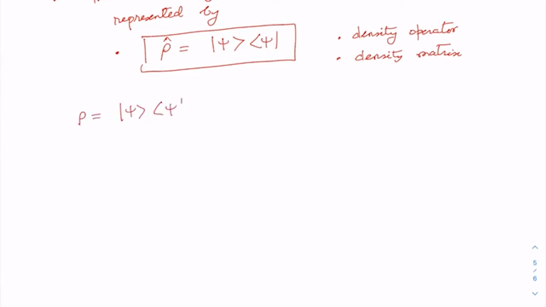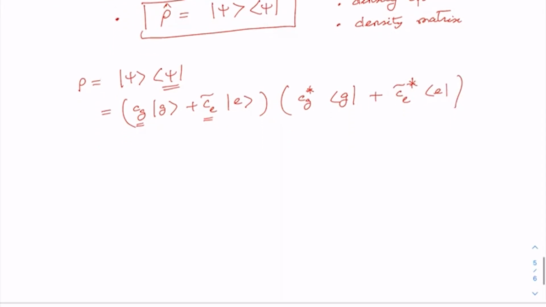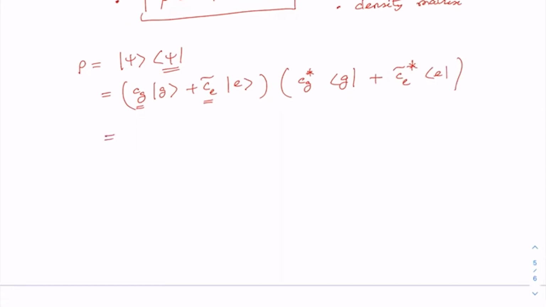Now if I expand it in terms of these states, as we have written it as a superposition of ground state and the excited state in the rotating frame, Cg and Ce tilde, these are complex quantities. So if I take the bra part, you will get Cg star bra Z plus Ce tilde star bra E. If you open it up, let me just expand it.